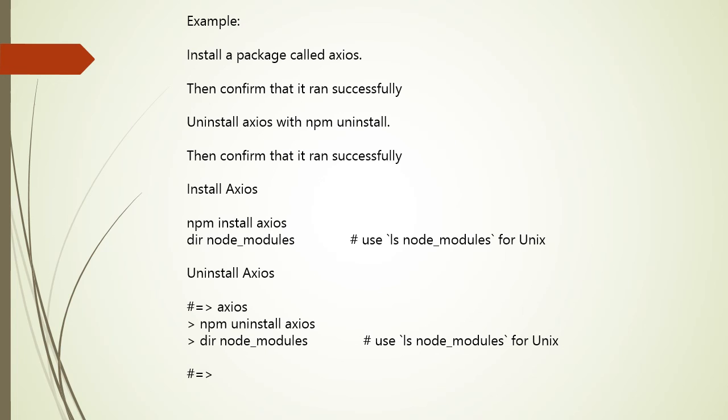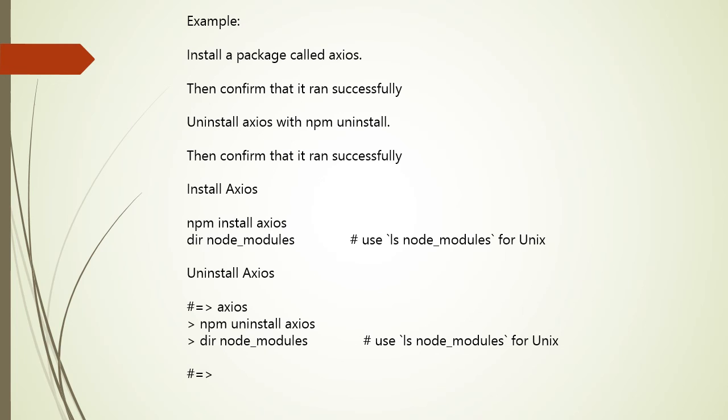Uninstall Axios with npm uninstall. Then confirm that it ran successfully by listing the contents of the node_modules directory and confirming the absence of a directory called Axios. So install Axios, npm install axios. Now check it, dir node_modules.